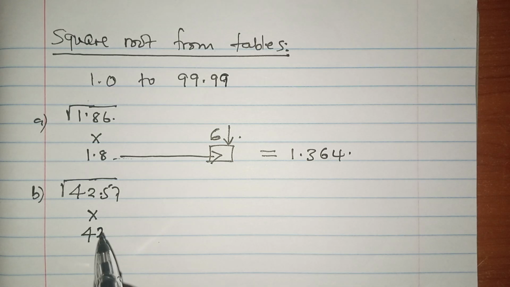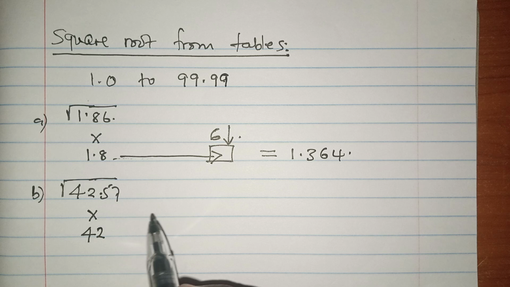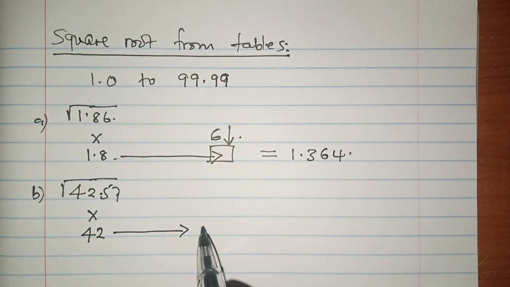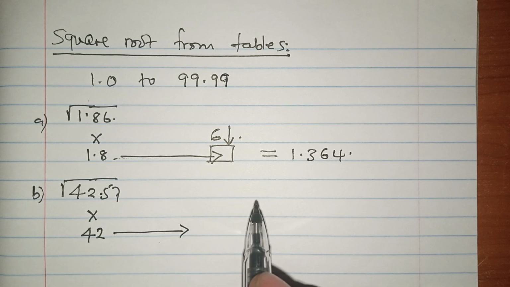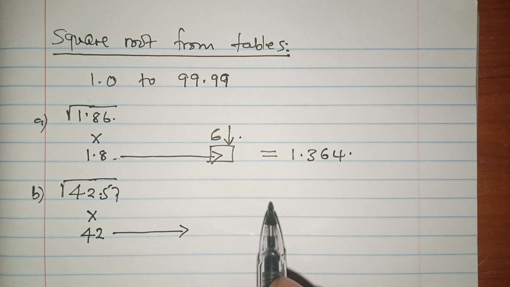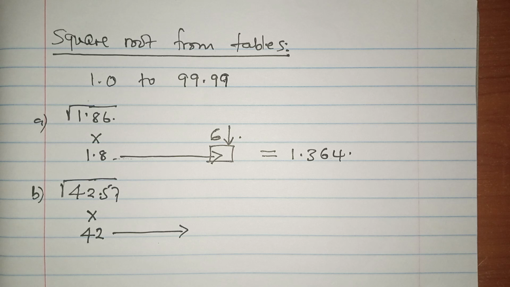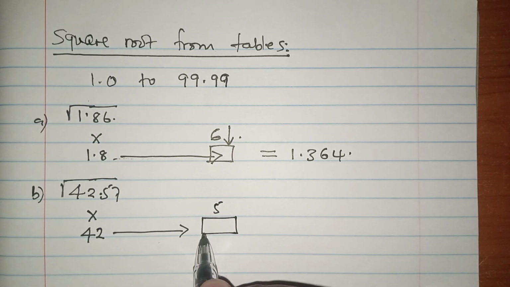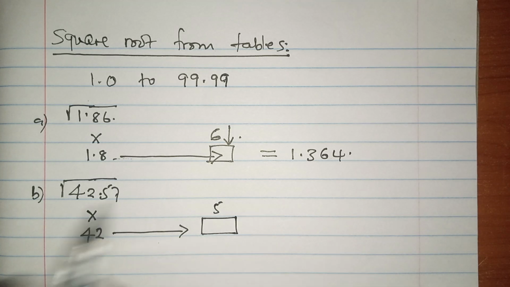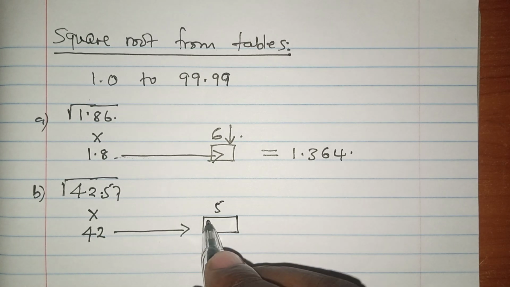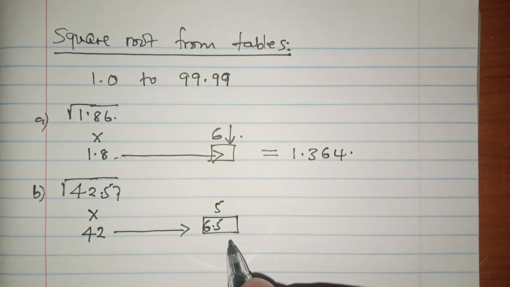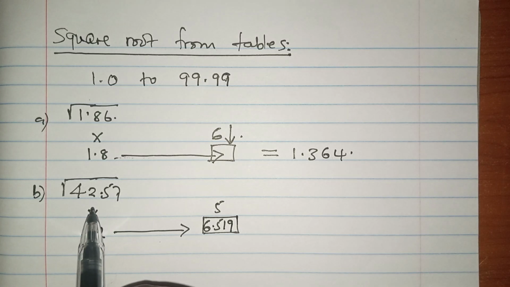So we find 42 in the column headed X, and again move to the right along that row to where it intersects with the column headed 5. We read the number in this position, which is 6.519.